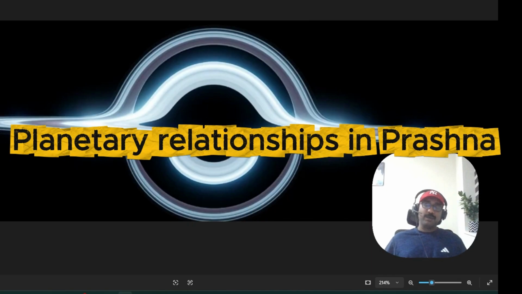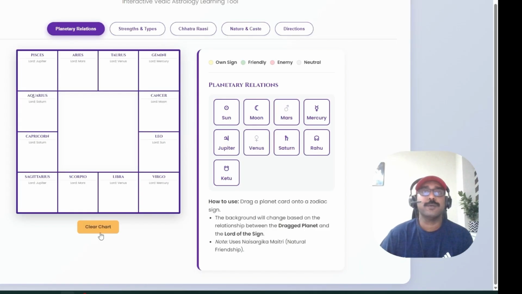In a similar way, Prashna also has a relationship between the planets, and that relationship also corresponds to the relationship between the planets and the rashis. In Prashna, planets act like best friends, some behave like enemies, and some are just neutral. So let's start with the basic chart.